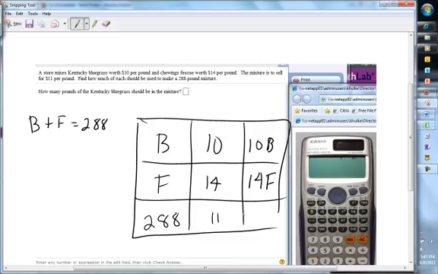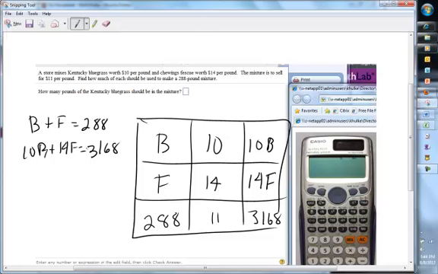Mode 1. 288 times 11 is 3168. So 10B plus 14F is 3168. So let's enter it into our mode 5-1.